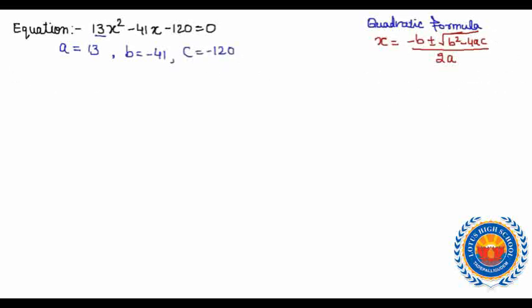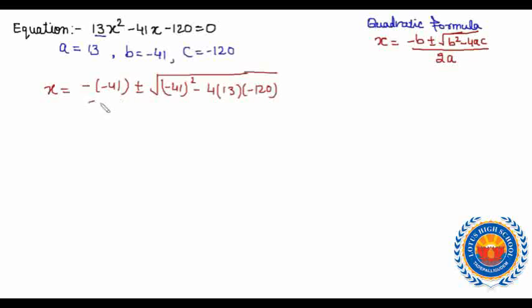Now on putting the values in this formula, we get x equals minus b, and we know that b is minus 41, so it will be minus of minus 41 plus minus under root b square, again minus 41 whole square, minus 4 times a into c, where a is 13 and c is minus 120, divided by 2a, and we know that the value of a is 13.